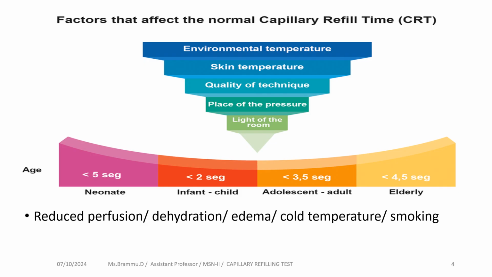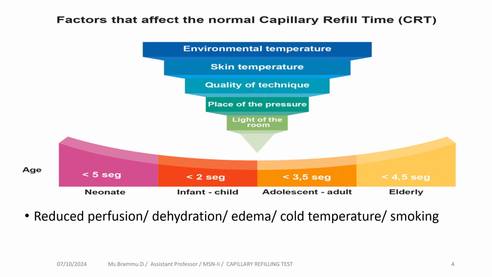Then coming to the skin temperature. If the patient already has hypothermia or rigor, in those cases the patient will definitely have an abnormal, delayed capillary refilling time. And the quality of technique: whether you apply good pressure, how many seconds you give the pinch test, and how you assess.